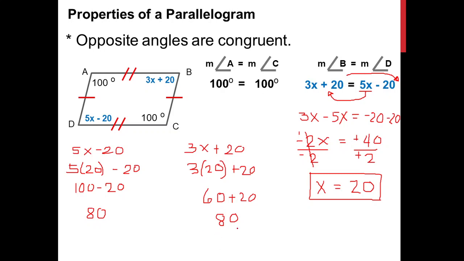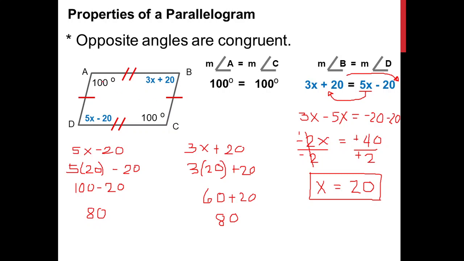But let's not stop here. On our earlier discussion, if we have a four-sided polygon, the total inside angle should equate to 360. Can you still remember that one? Now let's try to see if this four-sided polygon has a total inside angle of 360.